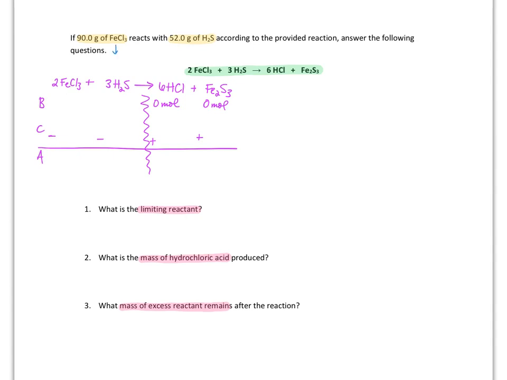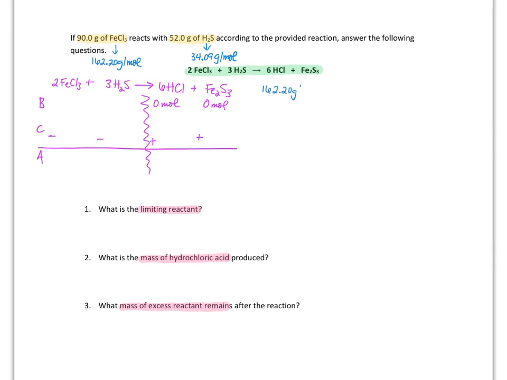The molar mass of the iron(III) chloride is 162.20 grams per mole, and the H2S is going to be 34.09 grams per mole. I got each of those by taking the masses off the periodic table and adding them up. I'm going to use those to set up a proportion to find the moles of each of my reactants, starting with the iron chloride.